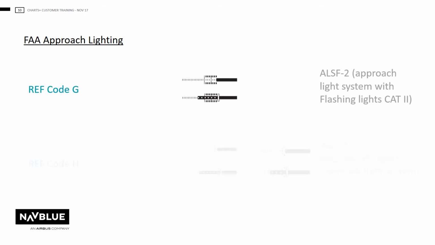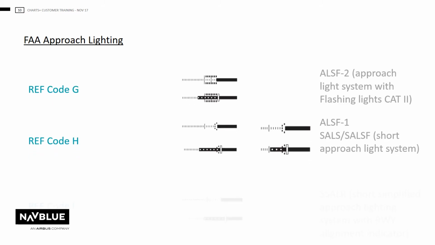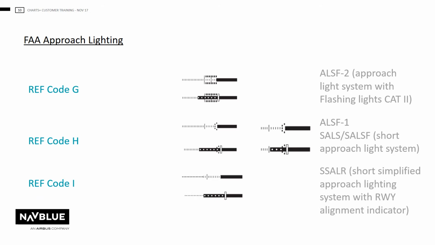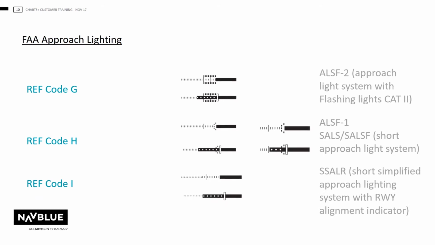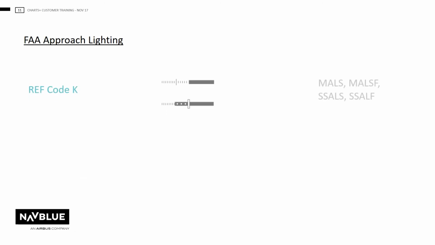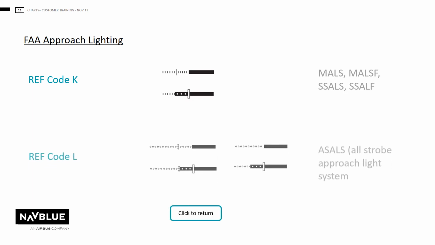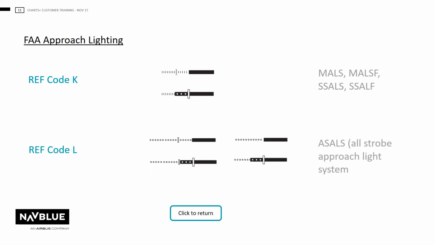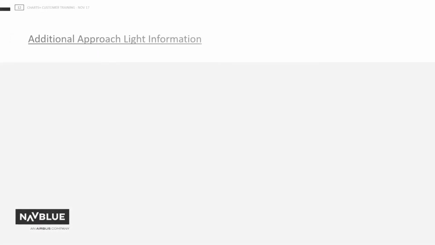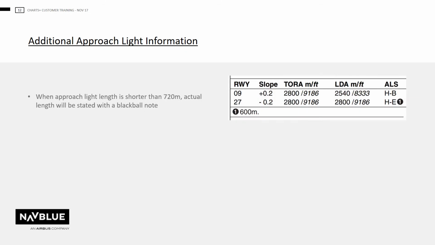Here is the FAA approach lighting. When the approach light length is shorter than 720 meters, the actual length will be stated with a black ball note.